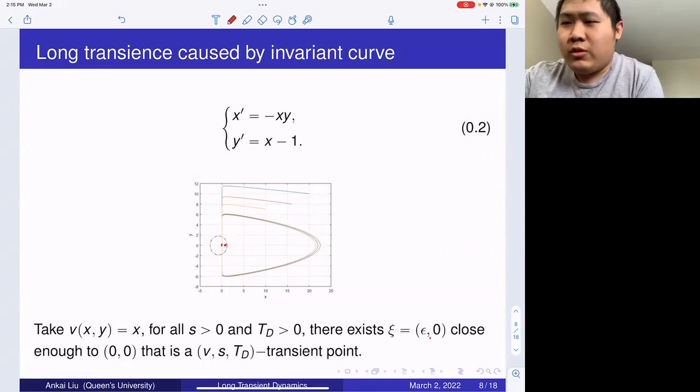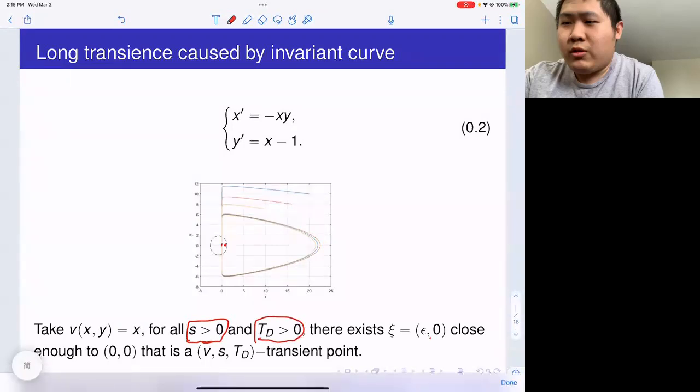What it means is, no matter how slow you consider to be slow and how long you consider to be long, we can always pick a point right there where the V value will change very slowly compared to S, and it takes as long as you want to leave this slow region.